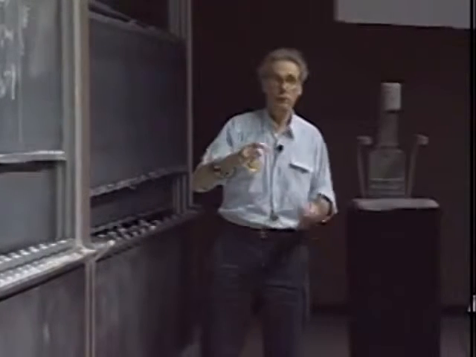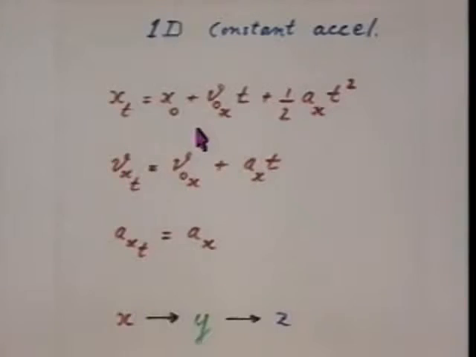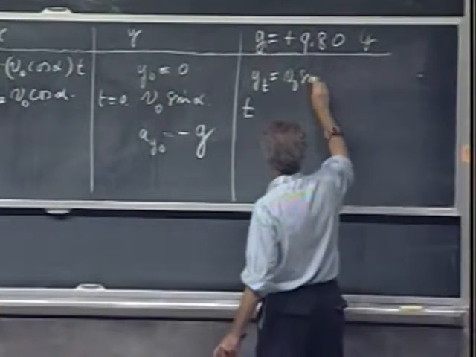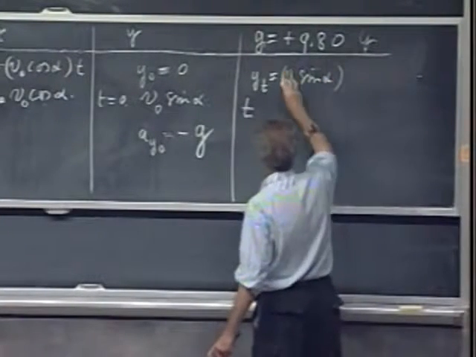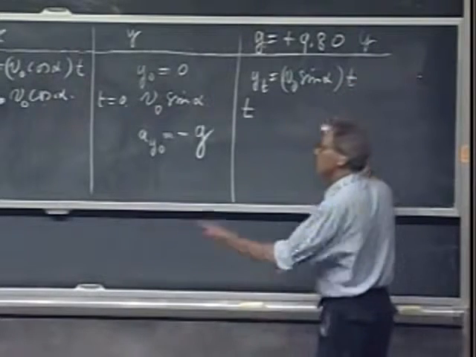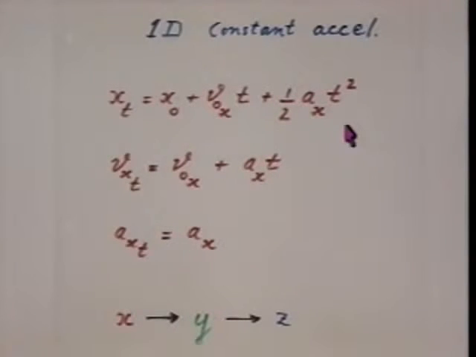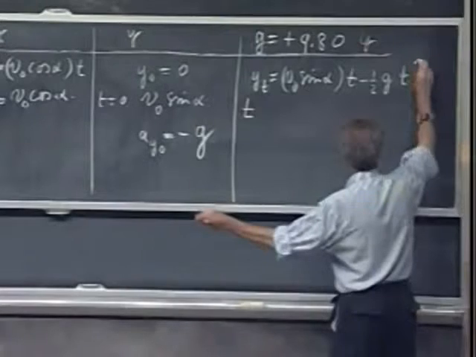We don't have to work with that. So I get v0y times t, so I get v0 sine alpha times t plus 1/2, but it is minus 1/2 gt squared.